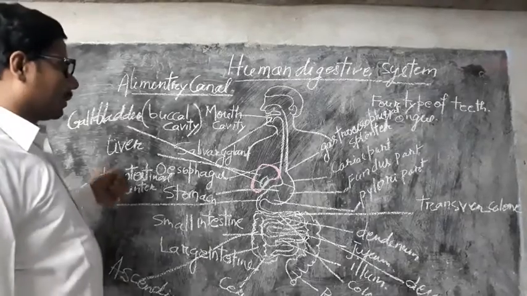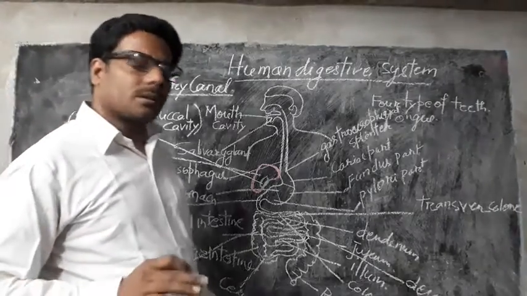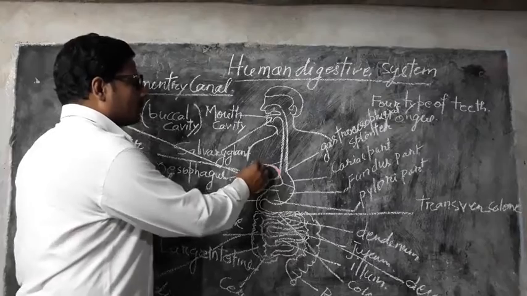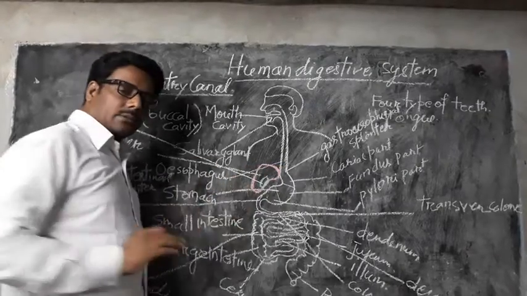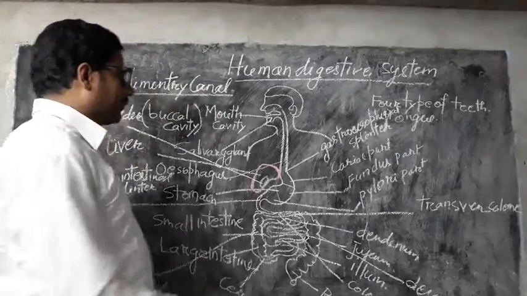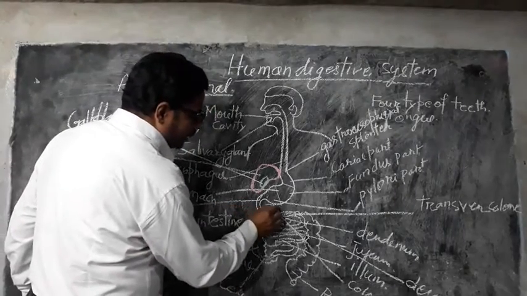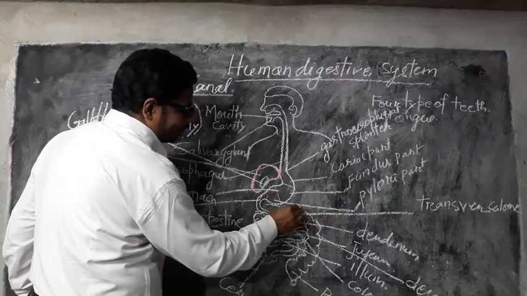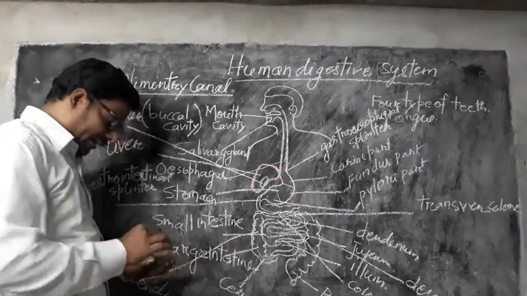So the liver and gallbladder are situated just below the diaphragm. The diaphragm is a muscular sheet, as you know. Just below the stomach there is a leaf-like structure.